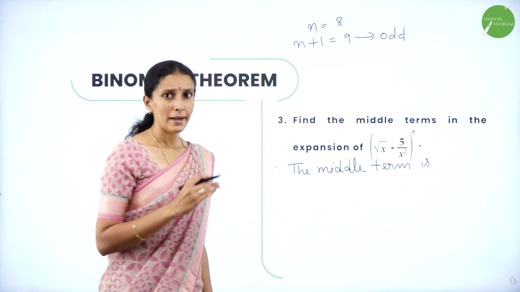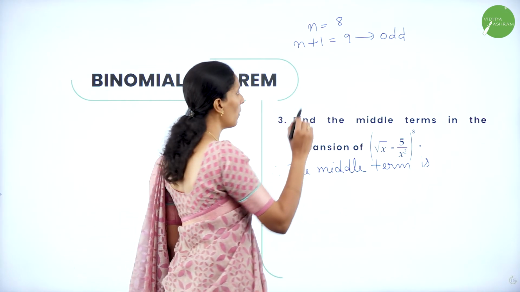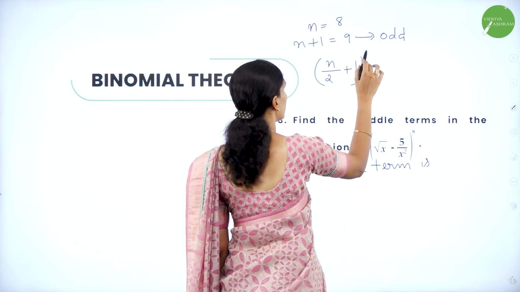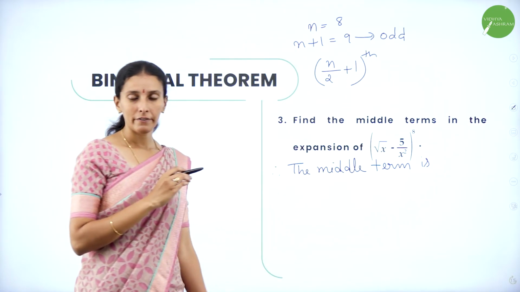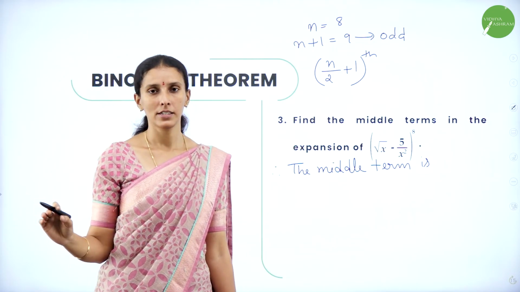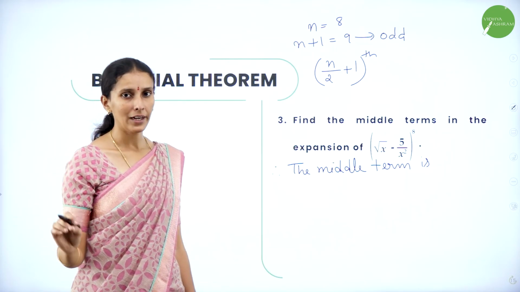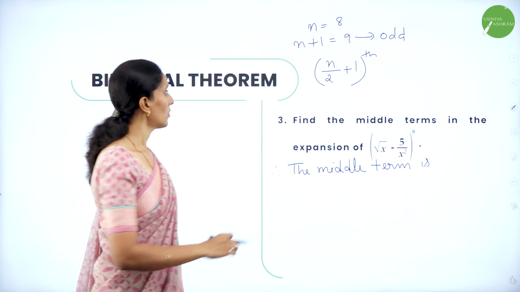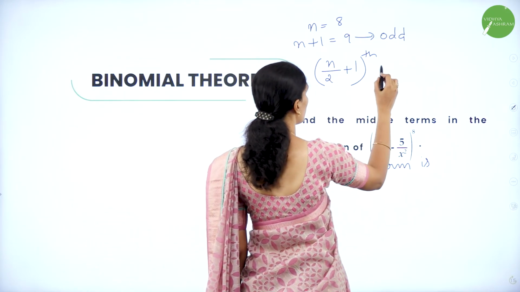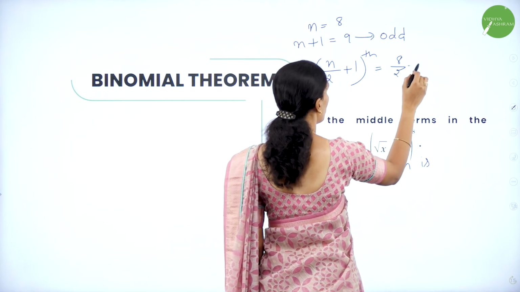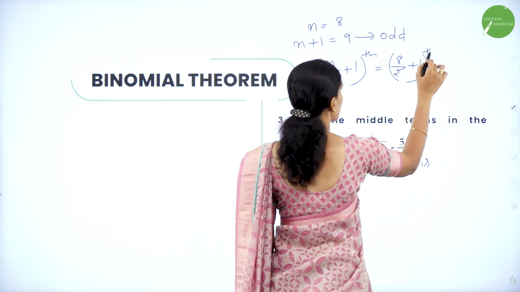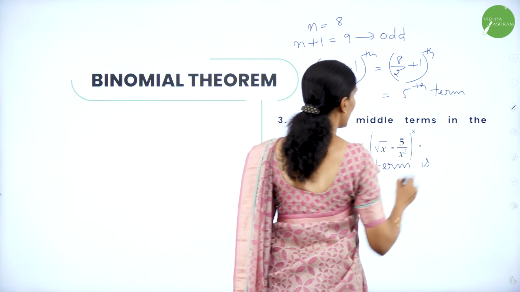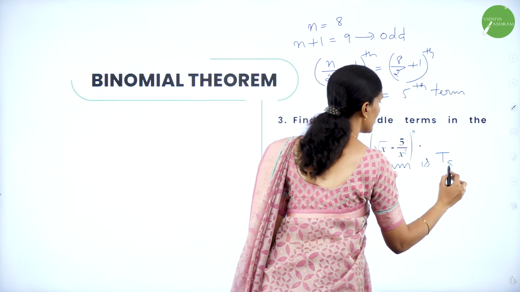Whenever n plus 1 is odd, the formula is the (n by 2 plus 1)th term, because whenever you have an odd number of terms, you can find exactly the middle one. So it is 8 by 2 plus 1, that is the 5th term. So only the 5th term. So therefore here it is T5.